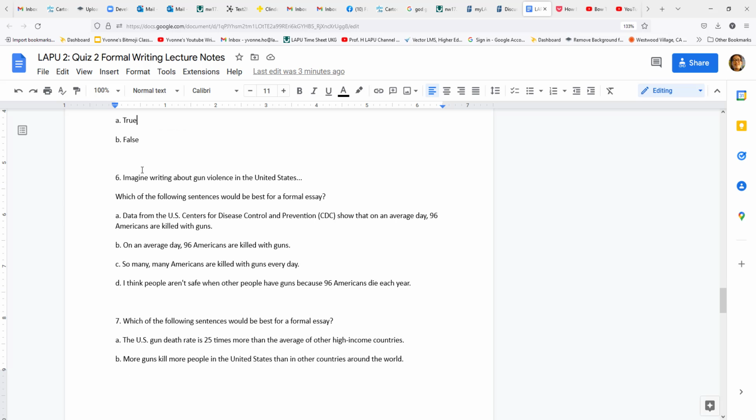So imagine writing about gun violence in the United States. Which of the following would be best for a formal essay? A: Data from the U.S. Centers for Disease Control show that on an average day, 96 Americans are killed with guns. B: On an average day, 96 Americans are killed with guns.